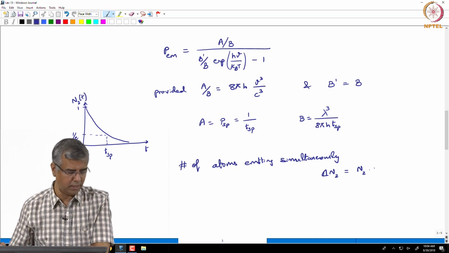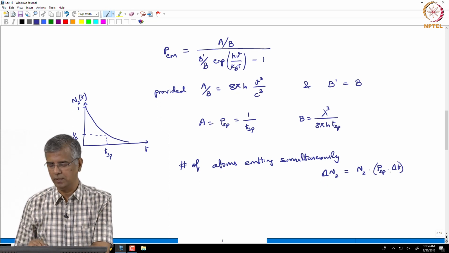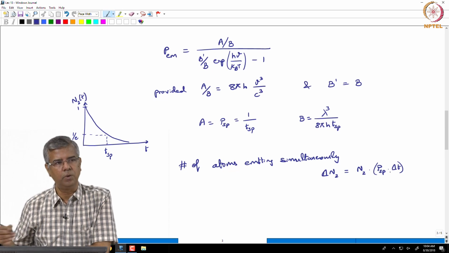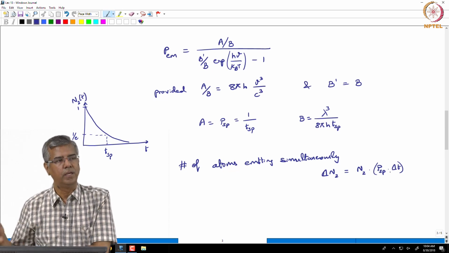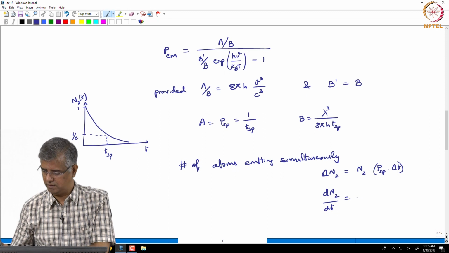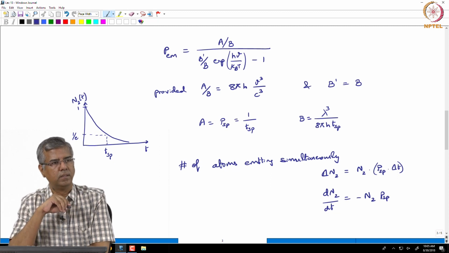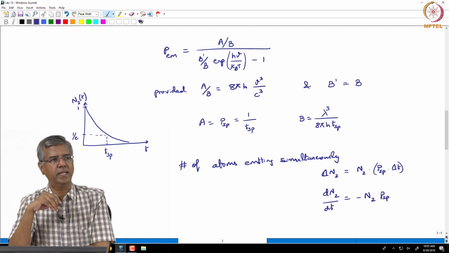So, the probability density that we have defined is PSP, and then that is happening over, let us say, a time period of delta t, right. So, this is actually over a discrete time interval, but if you actually look at the continuous emission, you basically say that dN2 over dt, you can write it as minus N2 PSP. Why am I putting minus there?